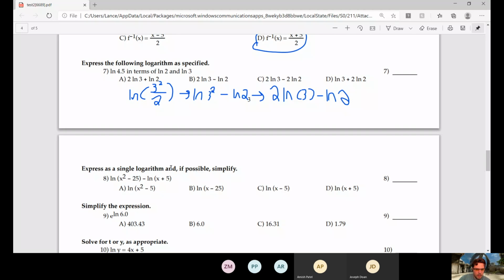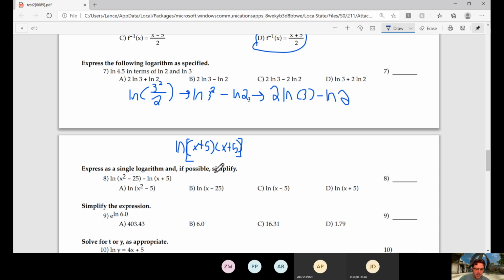Expressed as a single logarithm if possible. Oh, okay. So right here, you can break that into natural log of x plus 5 times x plus 5.